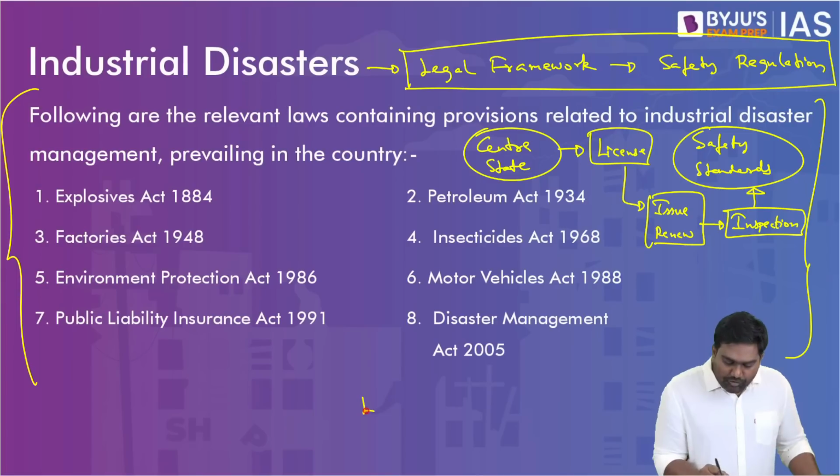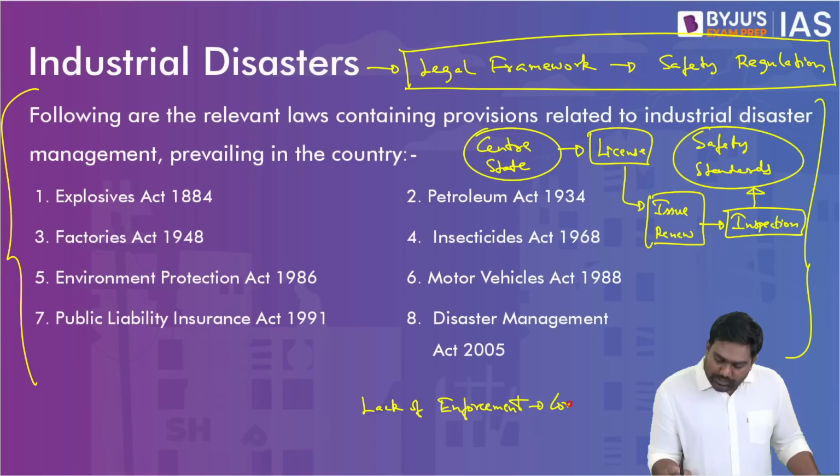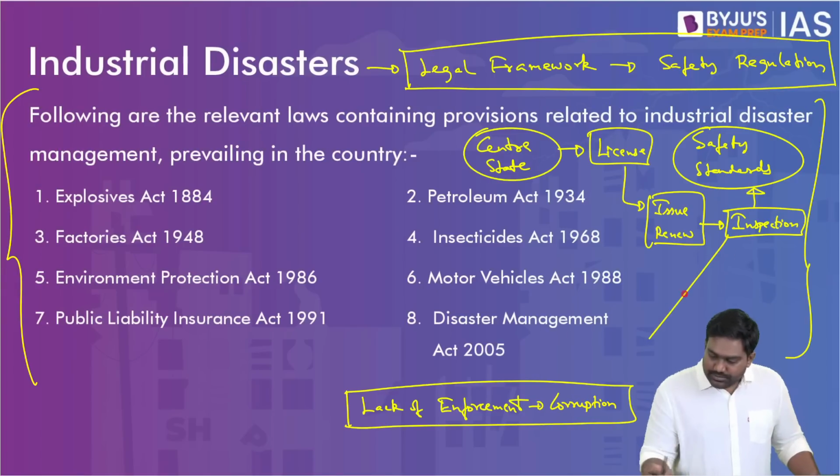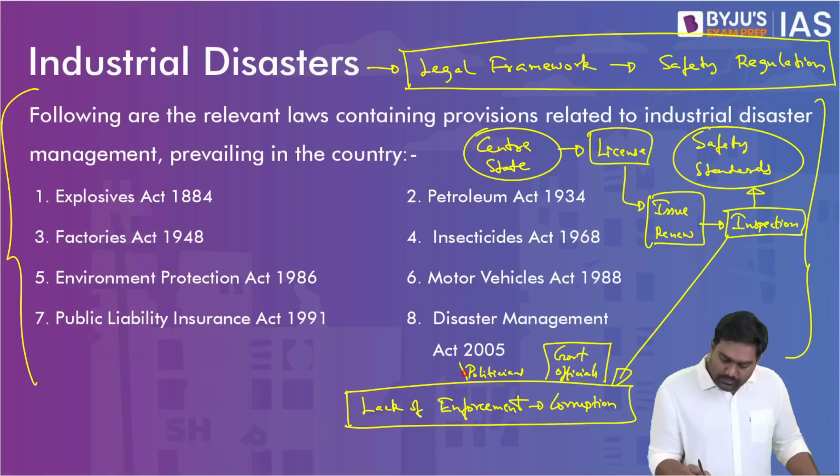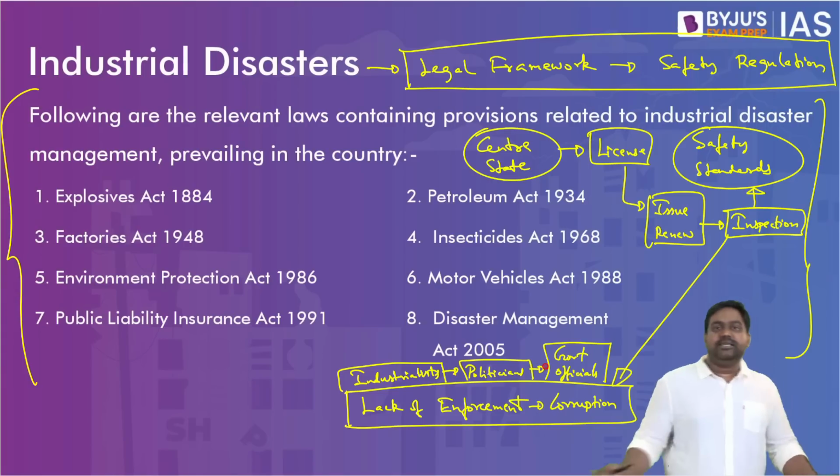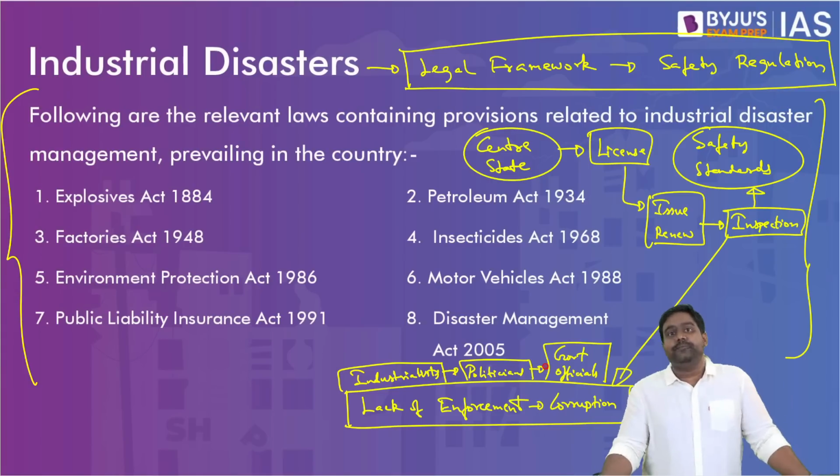Problem is in enforcement. There is very poor enforcement on the ground, mainly due to corruption. The inspectors, who are government officials, along with politicians who are close to the industry, who are close to industrialists, they take bribes from them and they bypass the safety standards and still issue licenses to them.